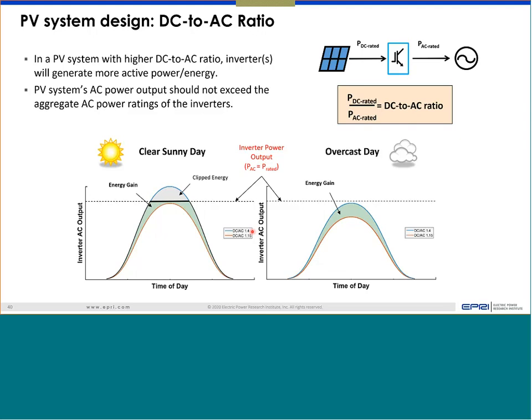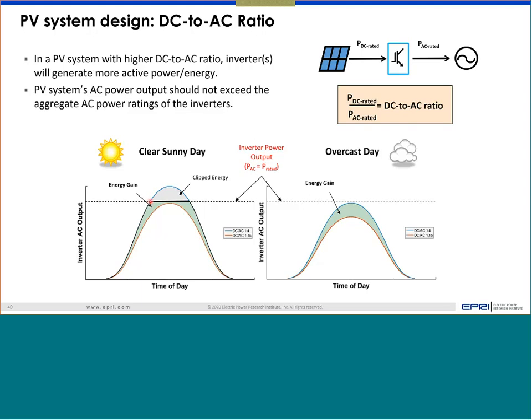Now, if they use 1.4, 1.5, 1.6, what will happen? Even at 10 o'clock, there will be enough sun, say 800 watts per square meter, to generate enough DC to push the AC power to the limit. Even with lower irradiance, because of the excess DC energy, the power generated by the plant goes up faster, and maybe by 10 o'clock it will reach the maximum.